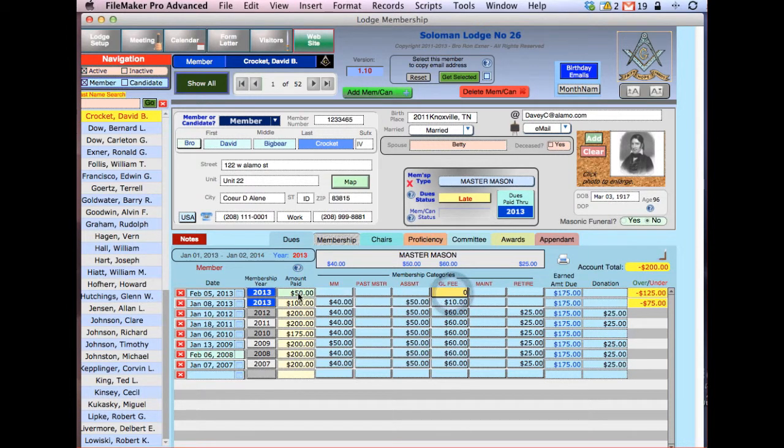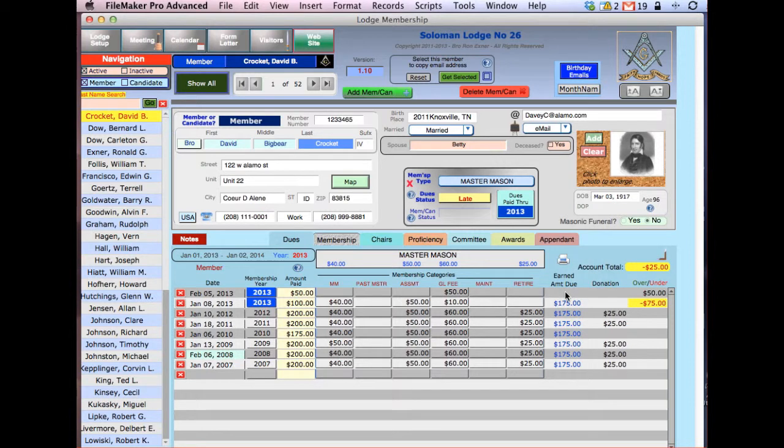So we're going to allocate this total amount, 50, to that amount, which brings it, now we paid everything. We don't need the earned amount due to stay at 175, otherwise it would mean we collected 175 twice, which we don't. So when we make that, we delete the earned amount due for this row. His overage amount is 50. He was under 75. He's still under 25.